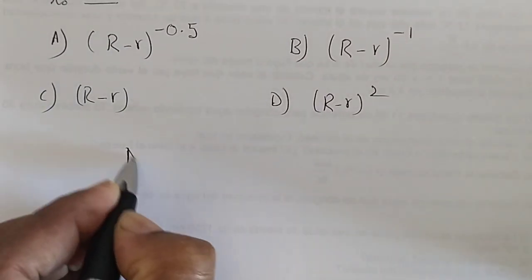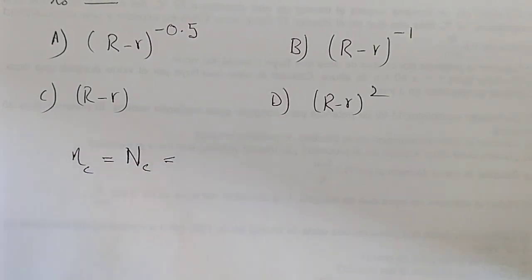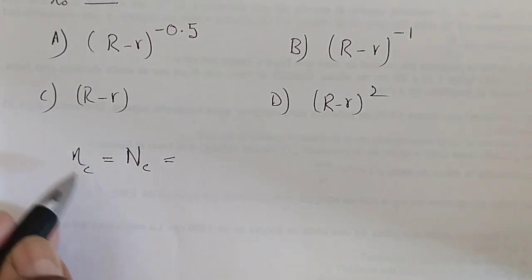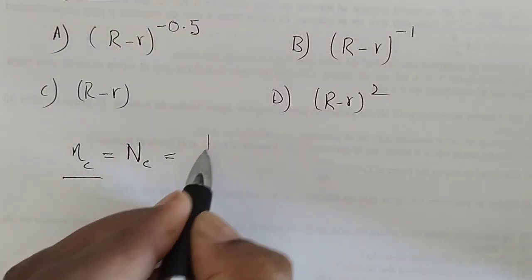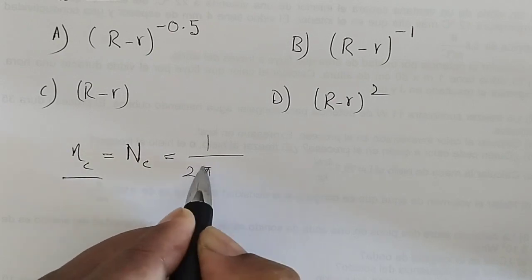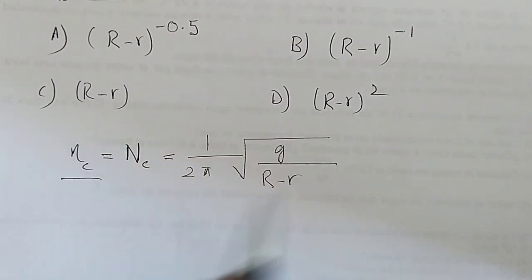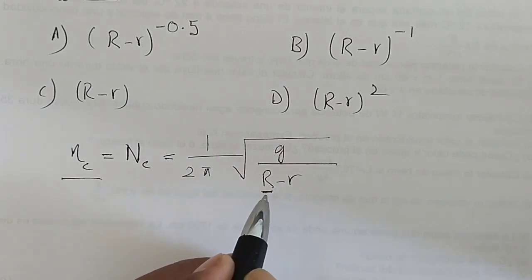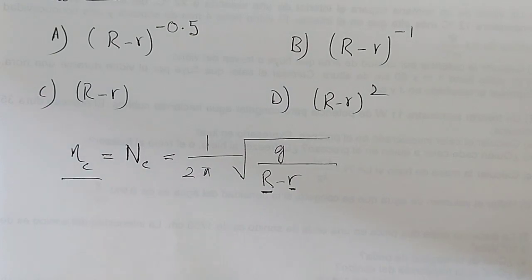So critical speed, sometimes denoted by small n subscript c, is 1 upon 2 pi square root of g upon (capital R minus small r). Capital R is the radius of the mill and small r is the radius of the steel balls, which is used to grind the particles.